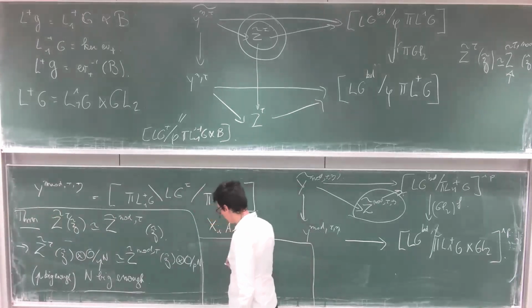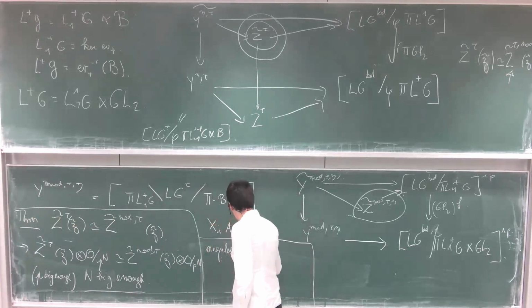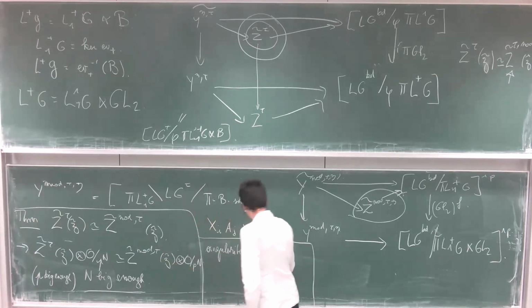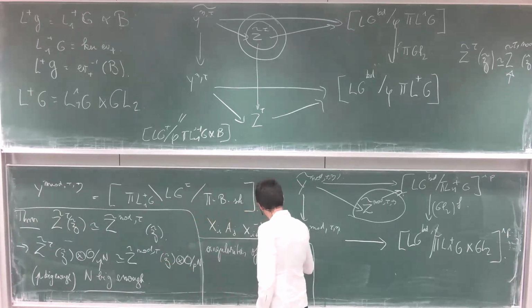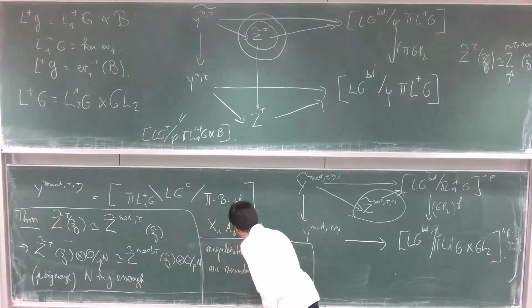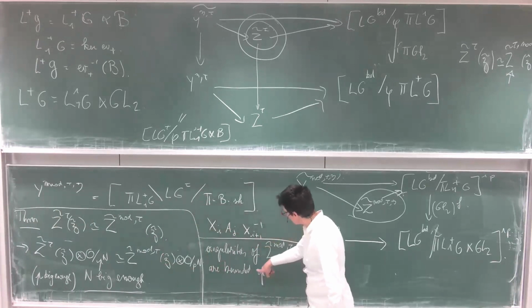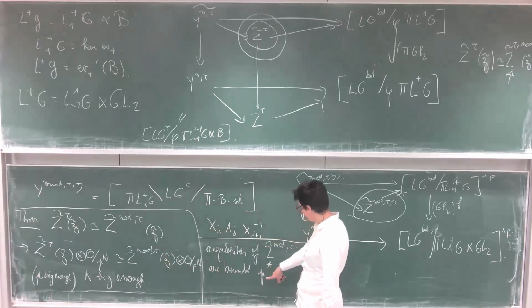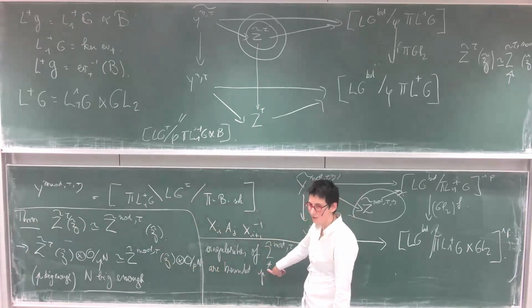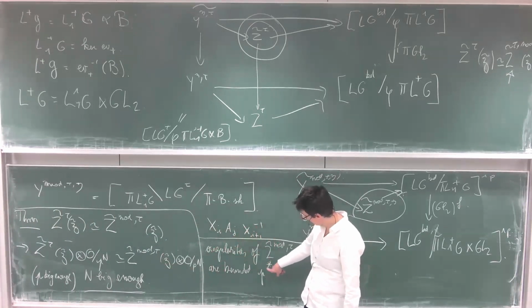is to show that the singularities of this object are bounded, that the primes which appear in the singularity of this object are bounded.